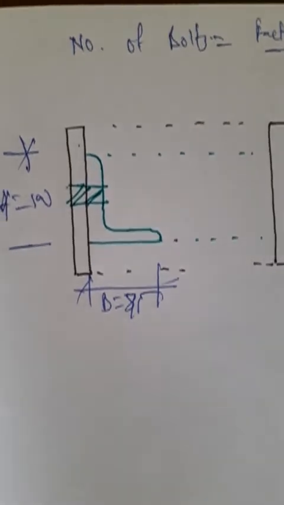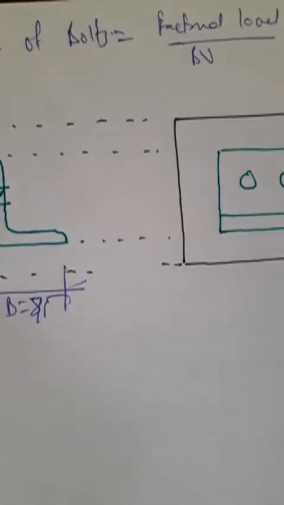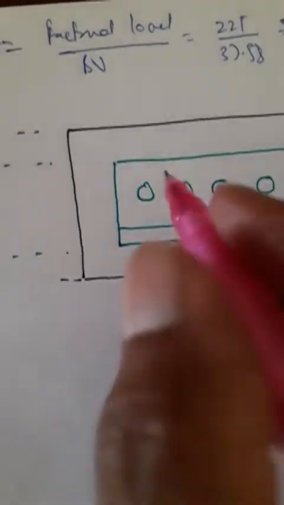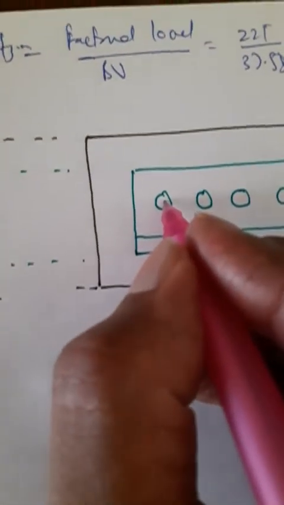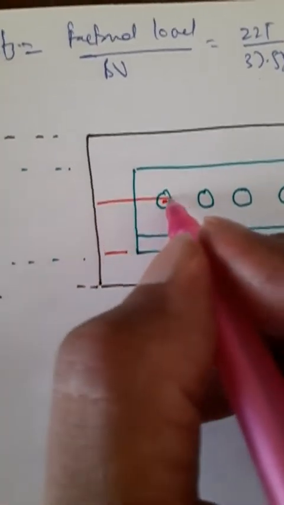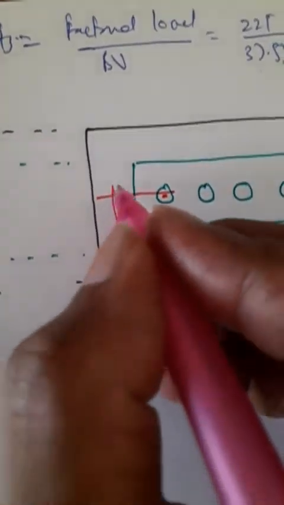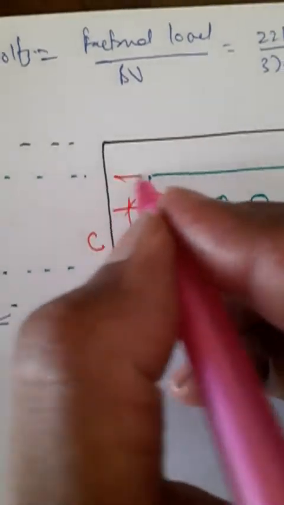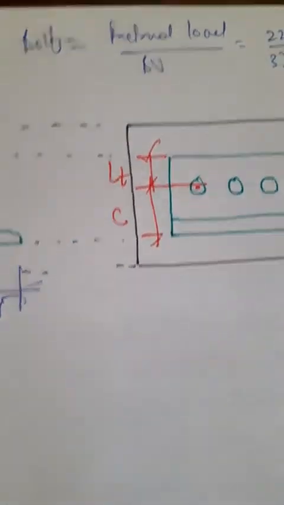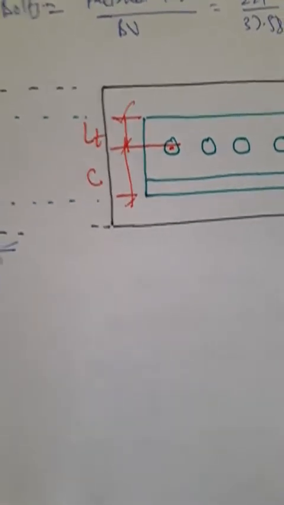Next, I have to show the value of C. Now how is C defined? C is defined as the center of this bolt hole to this end. This is C, and this value is Lt, the length in tension.